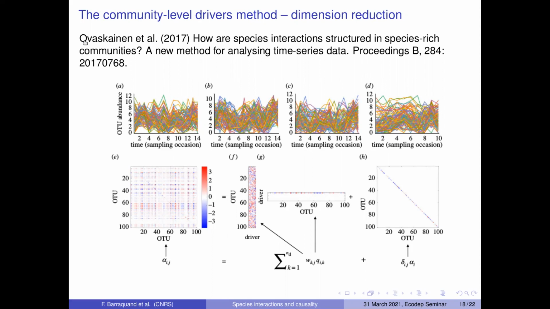And it's by Ovaskainen and co-authors. They're mostly coming from Finland and Norway. And they published this paper in a biology journal, but most of them are theoreticians and statisticians, and they do really interesting stuff. And for this paper, they also teamed up with David Dunson, whom you may know from his work in Bayesian statistics.